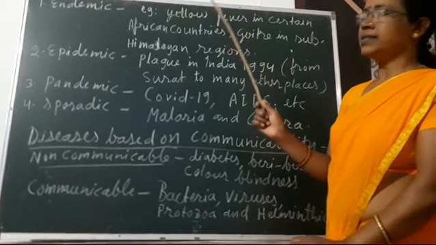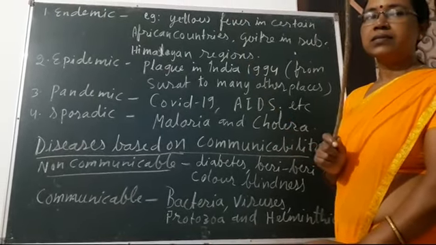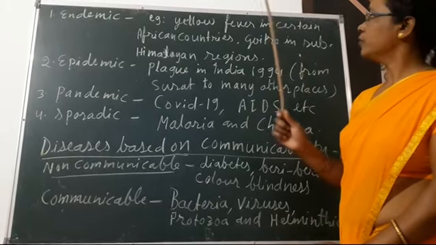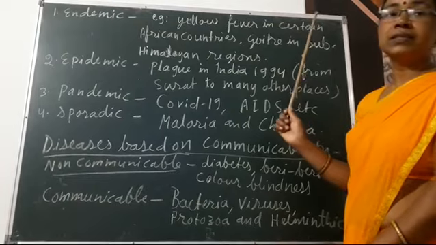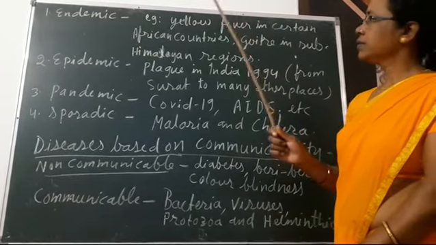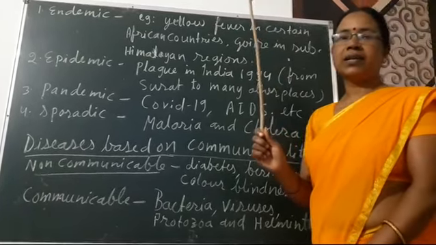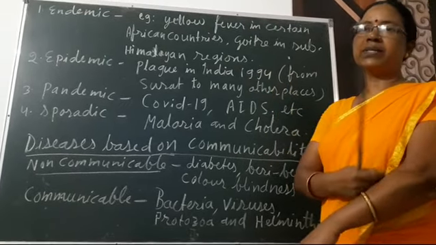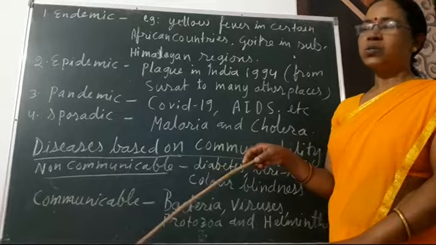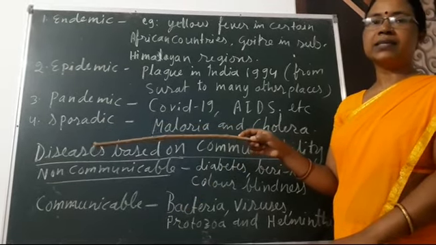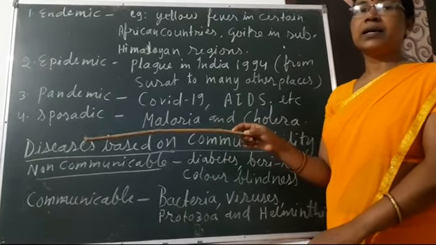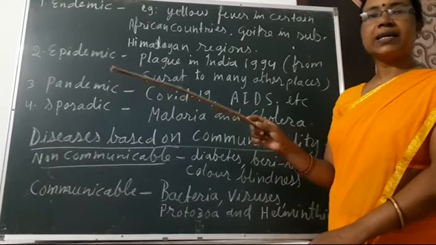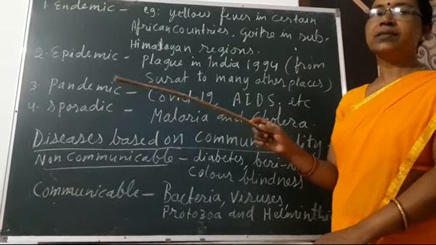In this disease, a certain number of people are attacked, like yellow fever in certain African countries, goiter in the sub-Himalayan region. Goiter in the sub-Himalayan region is very common because the soil in that area is lacking iodine, and the food produced there also lacks iodine, and that's why they get the goiter.